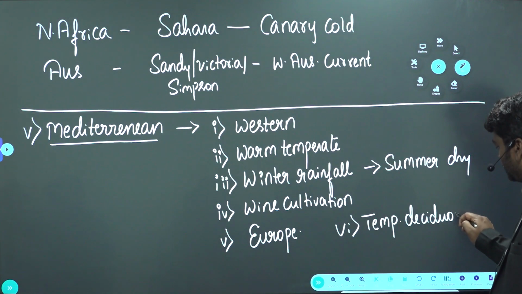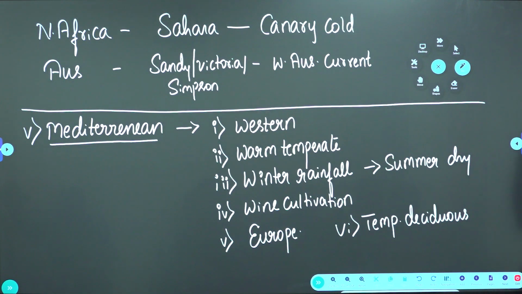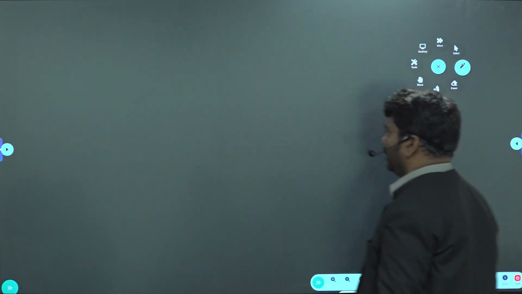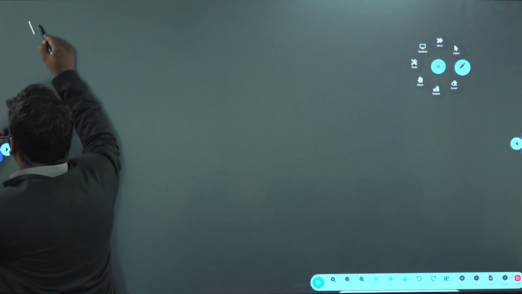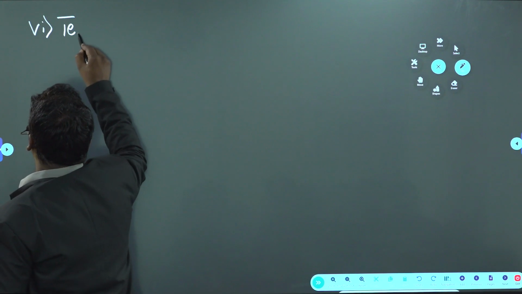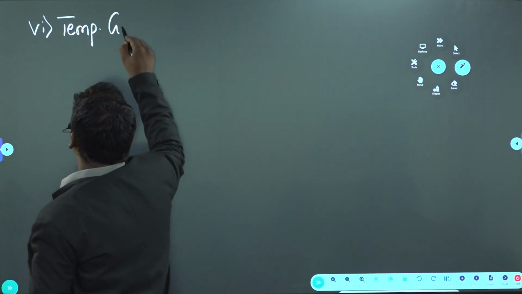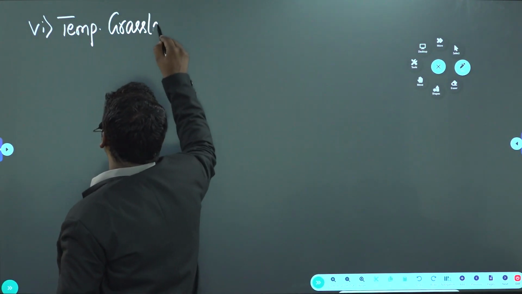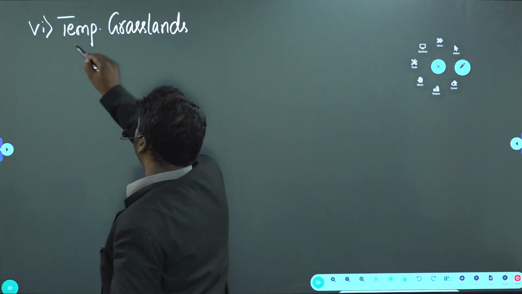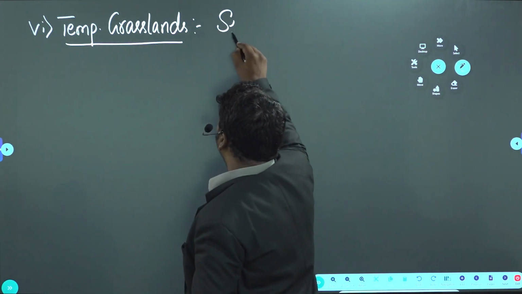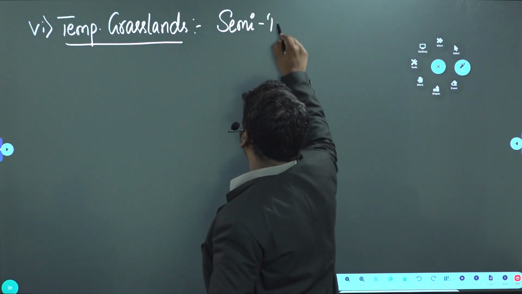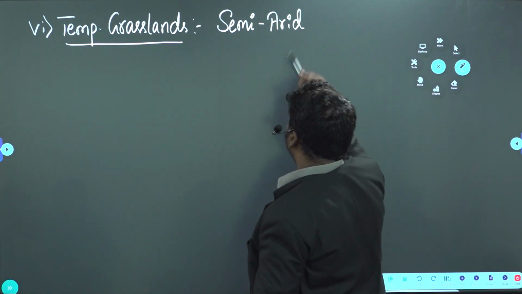Temperate deciduous. Fine. What are the words for grasslands? Temperate grasslands. Yes, you will see the word semi-arid.